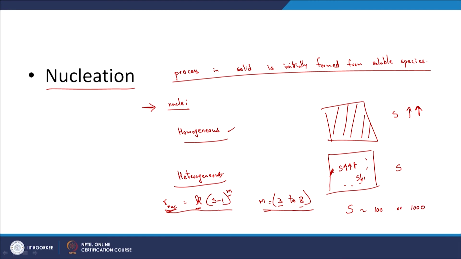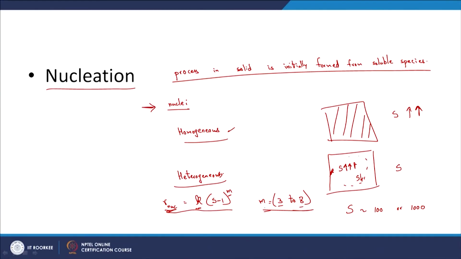That is what you can observe from equation 2 for this rate of nucleation to be relevant. Otherwise, if it is only slightly oversaturated, the rates are going to be relatively low. But because m is from 3 to 8, it is like a trigger.